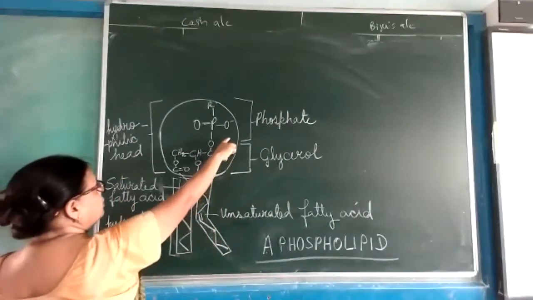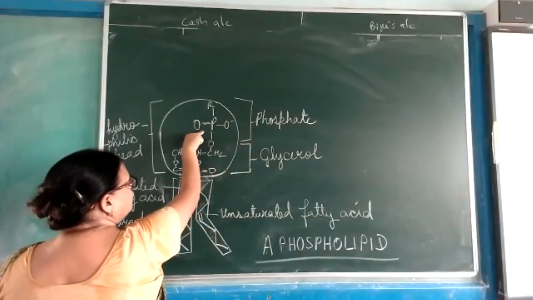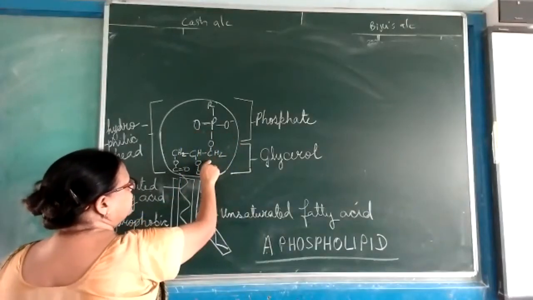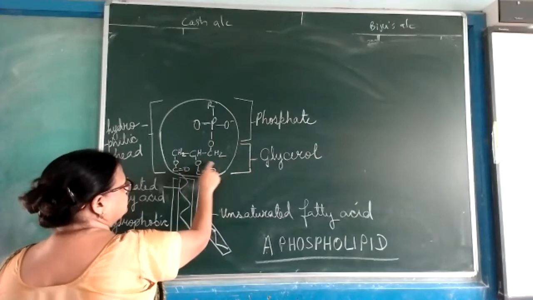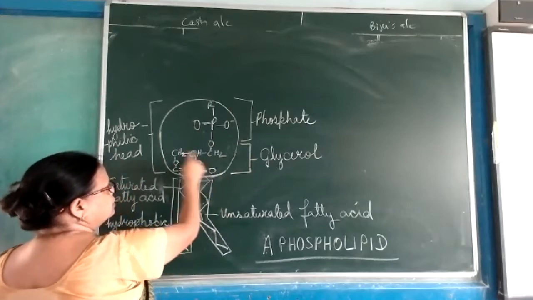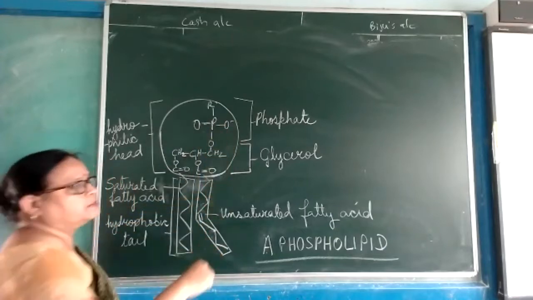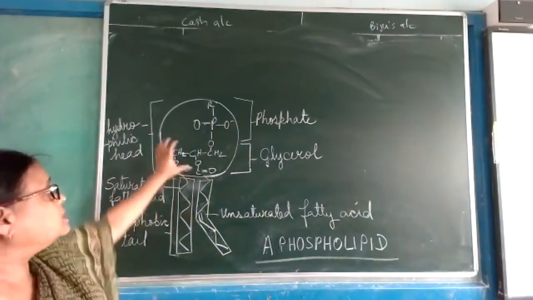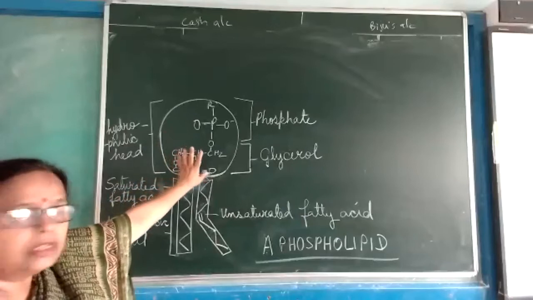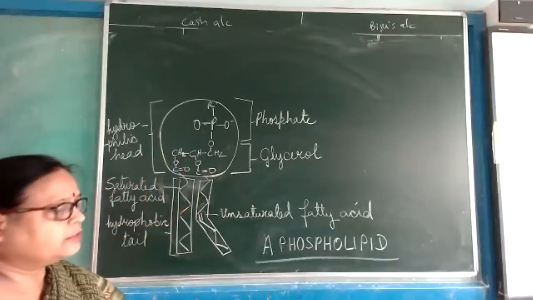And the hydrophilic head is made of phosphate linked with glycerol. This is the structure of glycerol, this is the structure of phosphate. So this is there in the head and this is the tail.